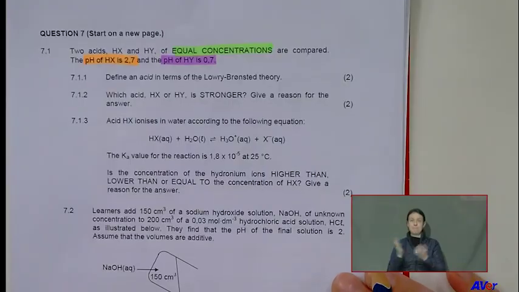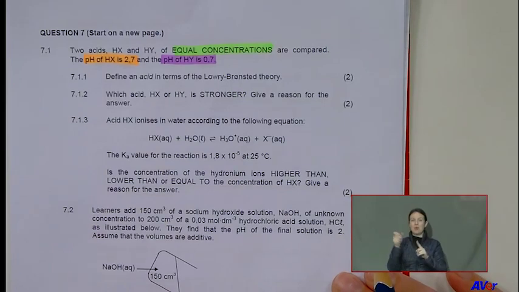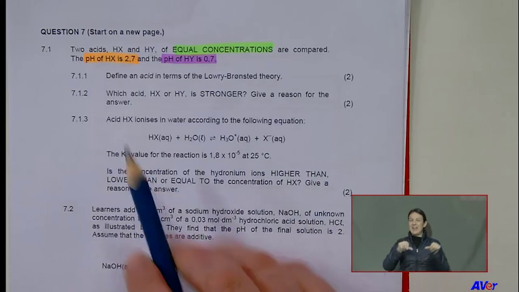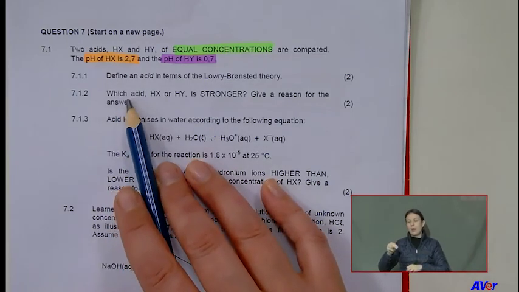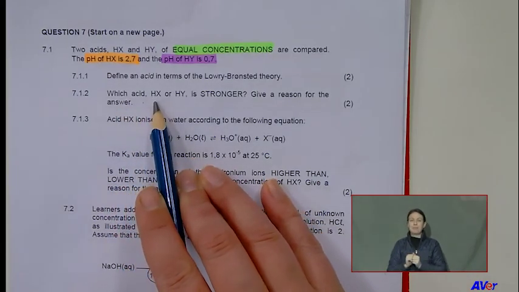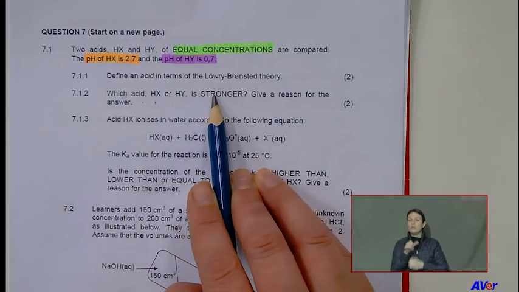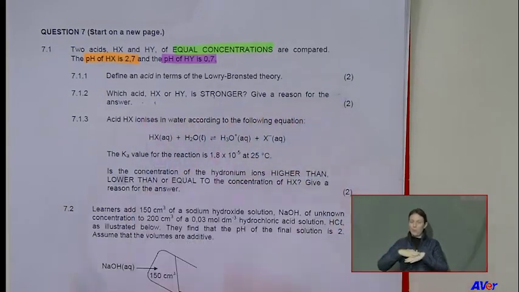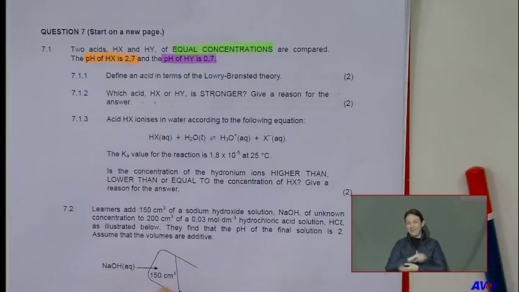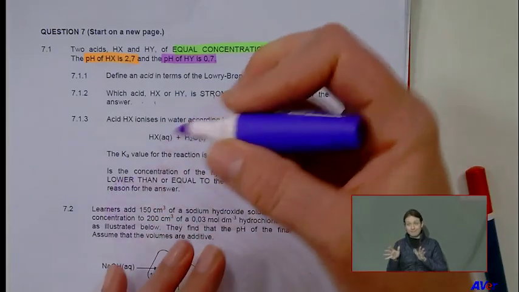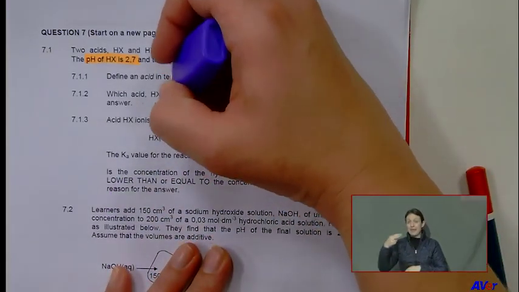Very important. Define an acid in terms of Lowry-Bronsted theory. I'm certain you can do that by now. An acid is a proton donor. And then they ask, which acid, HX or HY, is stronger? Give a reason for the answer. So we have already identified, and we said it is HY.